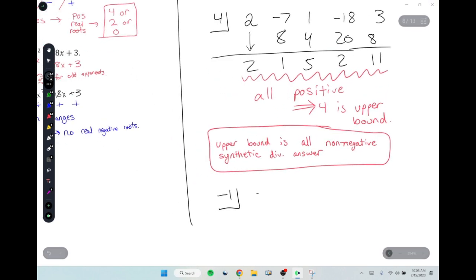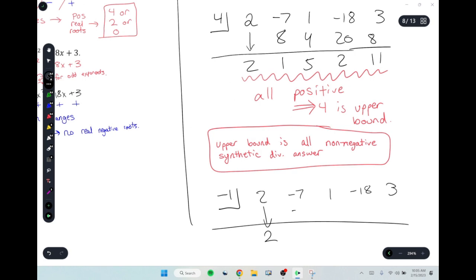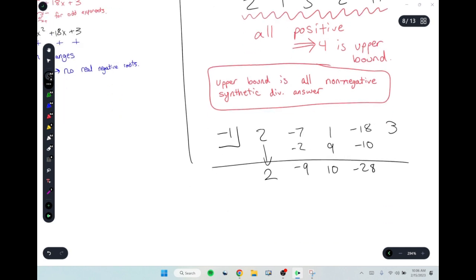Negative 1, 2, negative 7, 1, negative 18, 3. Drop it down, 2. Negative 2, negative 9, 9, 10. Stop me if I mess up. Negative 28. Positive 28. 31.